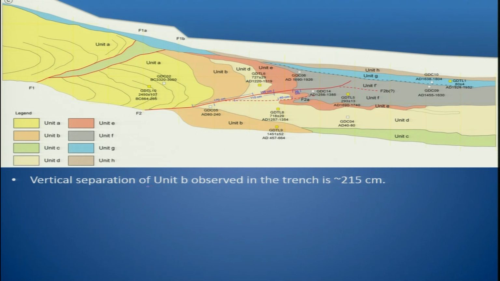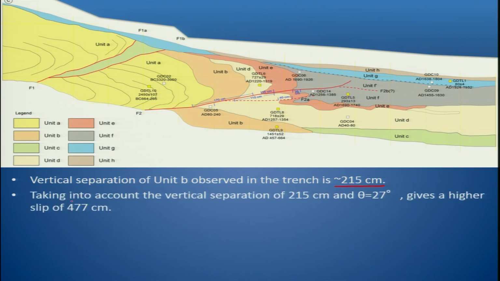The vertical separation of unit B observed in the trench was 215 centimeter. Taking into account the vertical separation of 215 centimeter and theta of 27 degrees gives a higher slip of almost 477 centimeter.